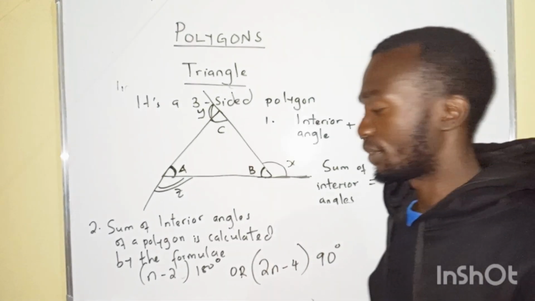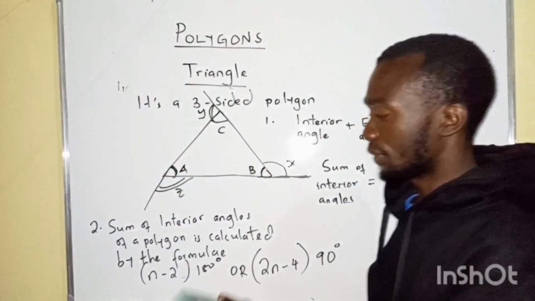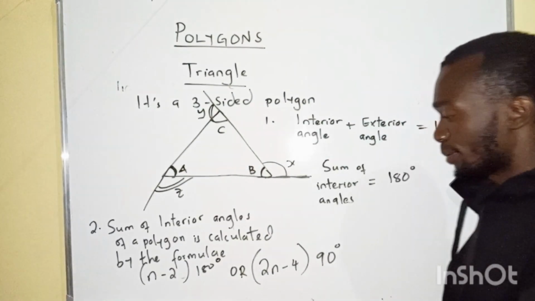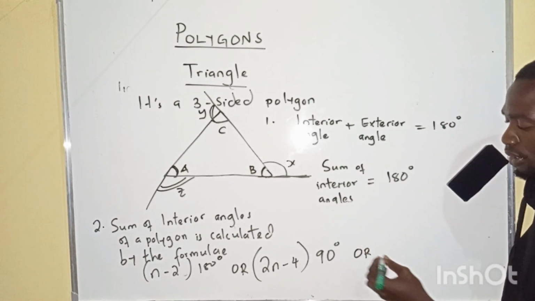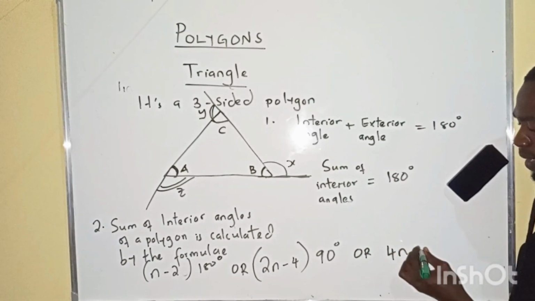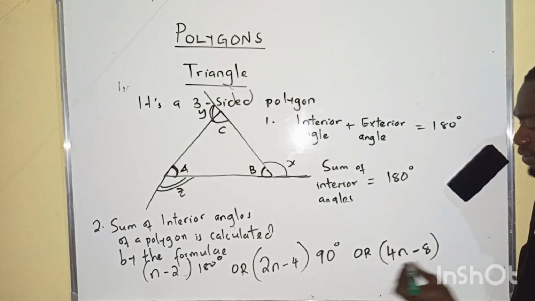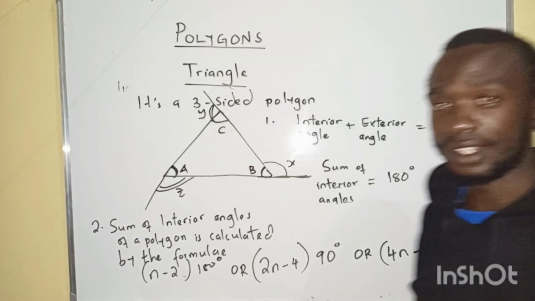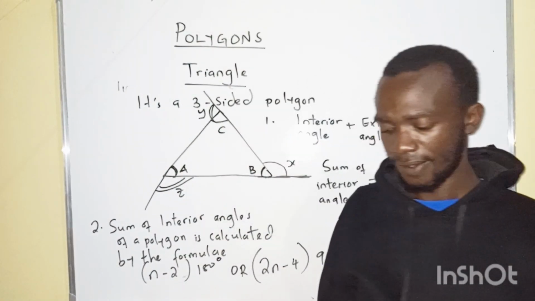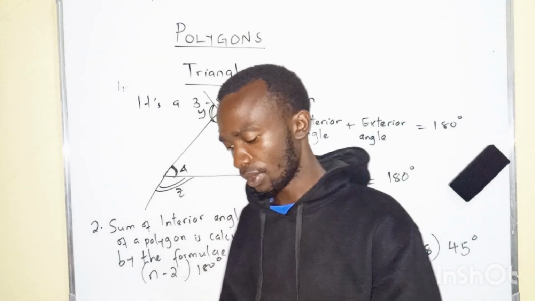So they all mean the same thing. Some of us know about this one, 180 degrees. Some of us know this one. Some of us also can say (4n minus 8) times 45. It just means the same thing, where n will always represent the number of sides.